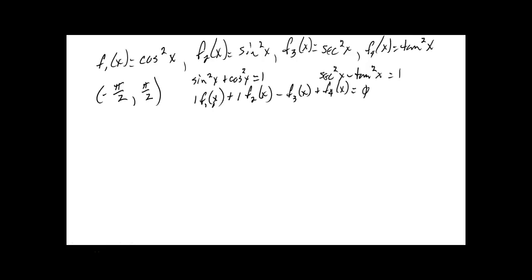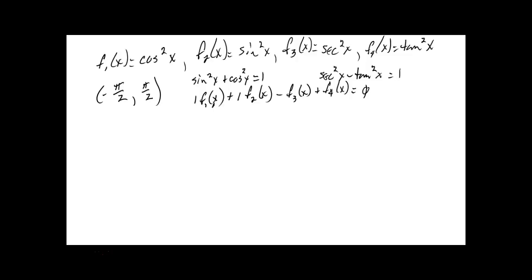Let's see if we can. These two add to be 1. The opposite of this adds to be minus 1, right? So it would be a minus secant squared plus tangent squared. That would be a minus 1, right? And plus 1 minus 1 equals 0. So there's 1. That's just a fairly easy one to get to.